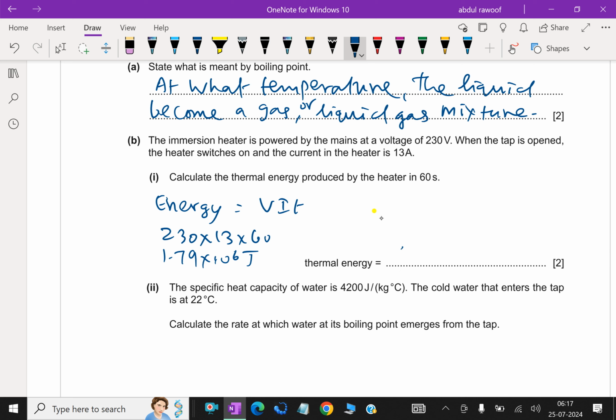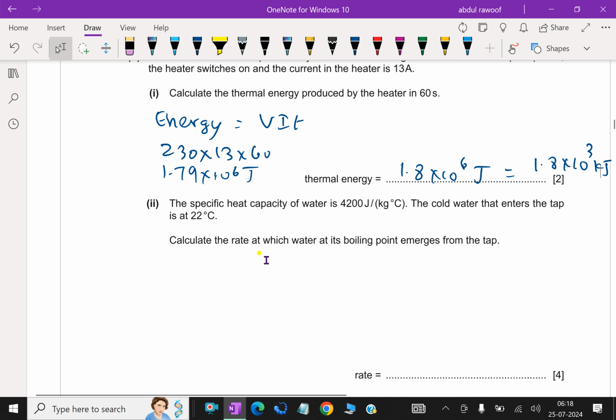It is approximately 1.8 into 10 power 6 joules. In kilojoules, it is 1.8 into 10 power 3 kilojoules.